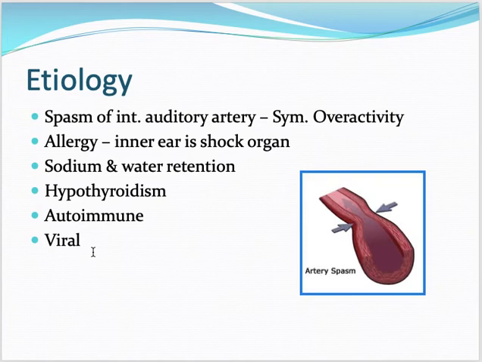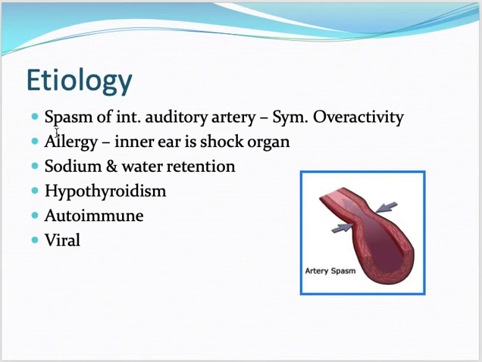For example, some of the theories explain why there is defective absorption. Some explain there could be sympathetic overactivity resulting in spasm of the internal auditory artery, and sometimes there could be allergy.